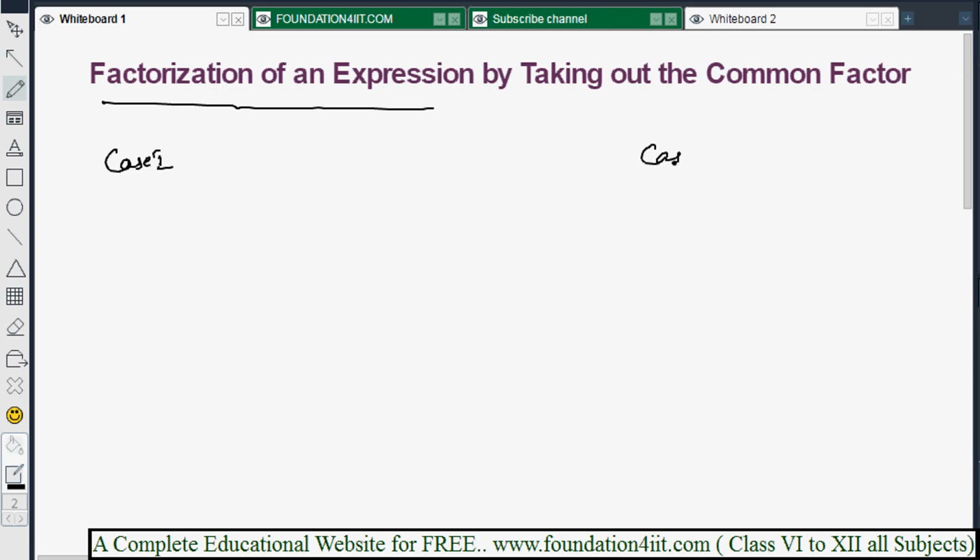In case 1, the given expression is in the form of ax plus bx, that means each term of the given expression contains a common monomial factor.